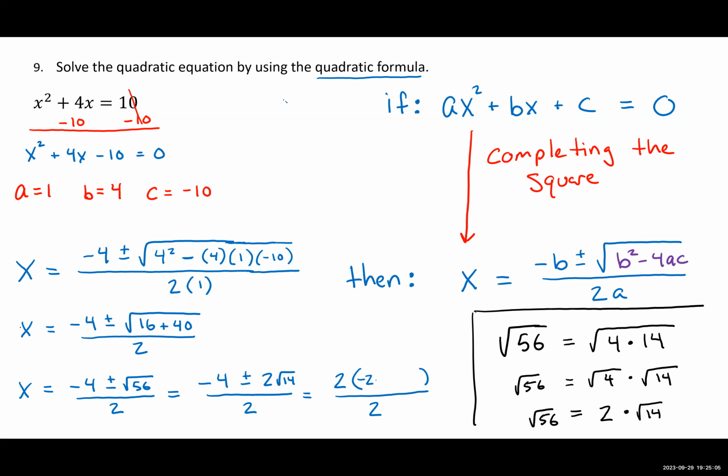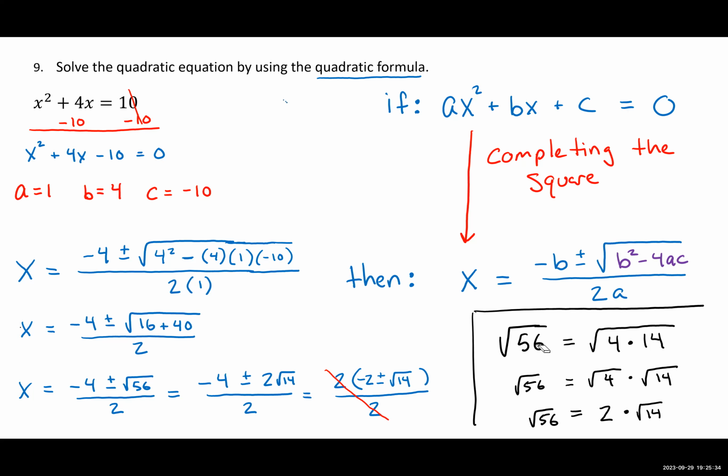So that'll be negative 2 plus or minus the square root of 14. Now the reason we want to do that is now we have a 2 on the top and a 2 on the bottom, and once we have factored form, then we're able to cancel. Okay, so those 2's, top and bottom, they cancel.